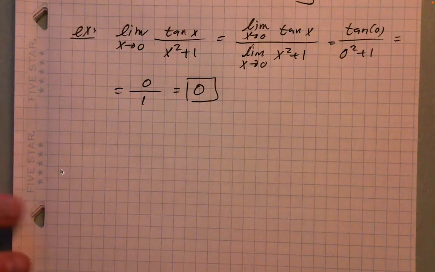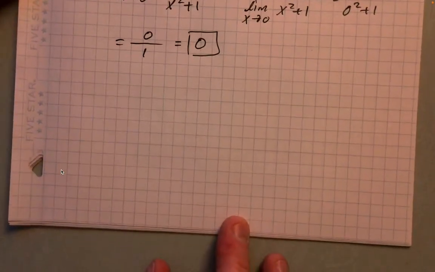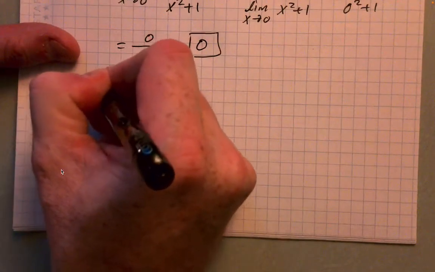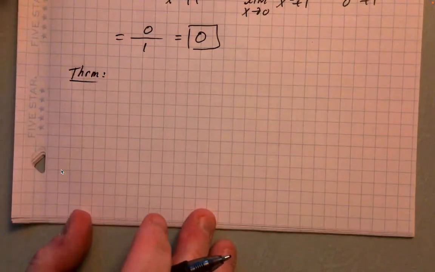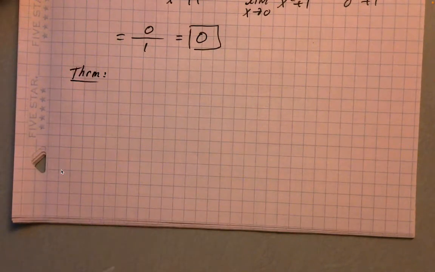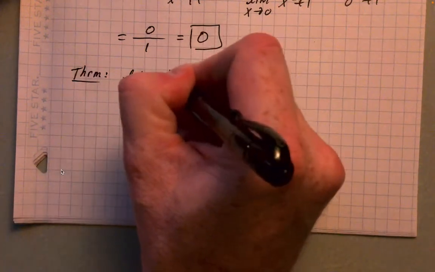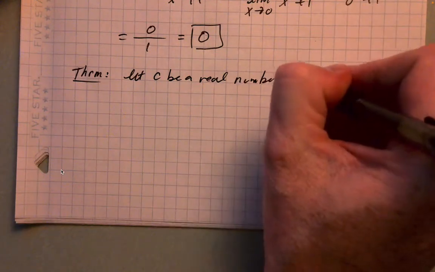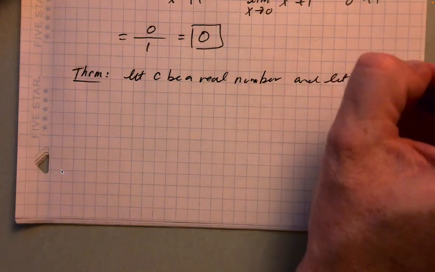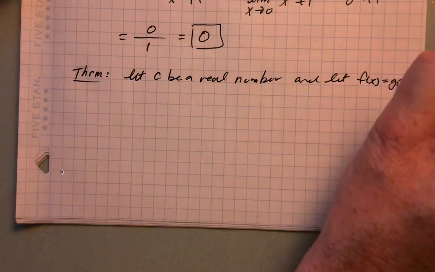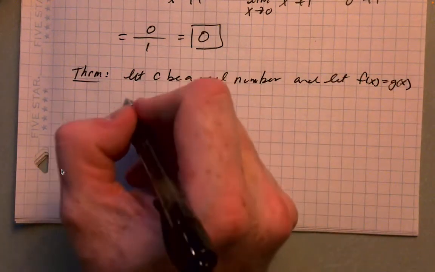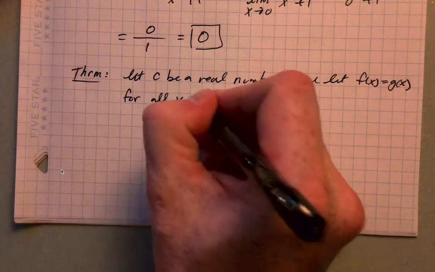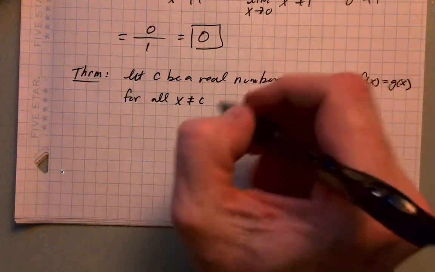Here's another one. This one is a little bit more complex relative to some of the ones we've looked at. So let c be a real number, and let f of x equal g of x for all x that are not equal to c in an open interval containing c.